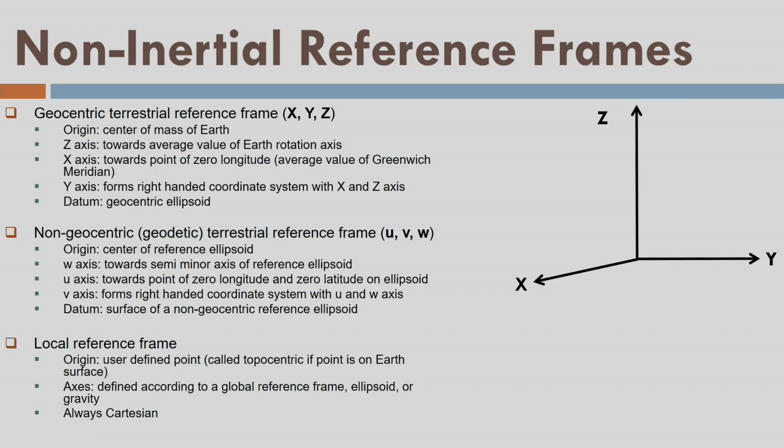Well, coming to the geodetic terrestrial reference frame, or geodetic or non-geocentric, they have the same meaning. So the origin is the center of the reference ellipsoid. Remember, it is not the geocenter, or rather the center of the ellipsoid does not match with the geocenter of the Earth. So we call it the UVW axes. The W-axis is towards the semi-minor axis of the reference ellipsoid.